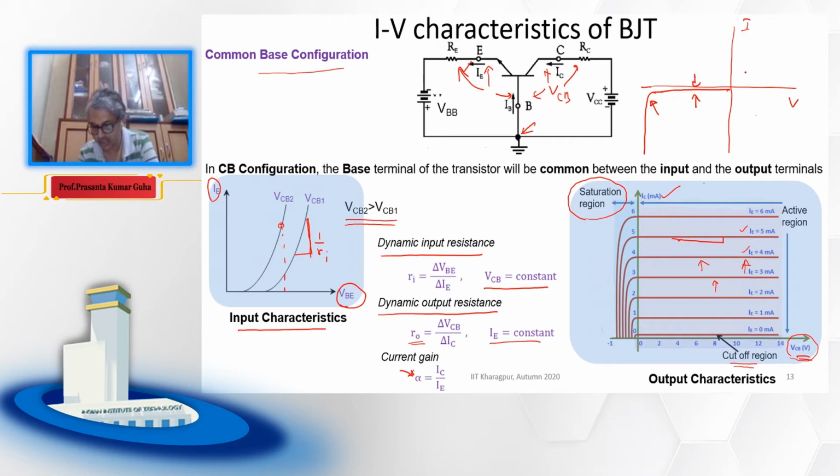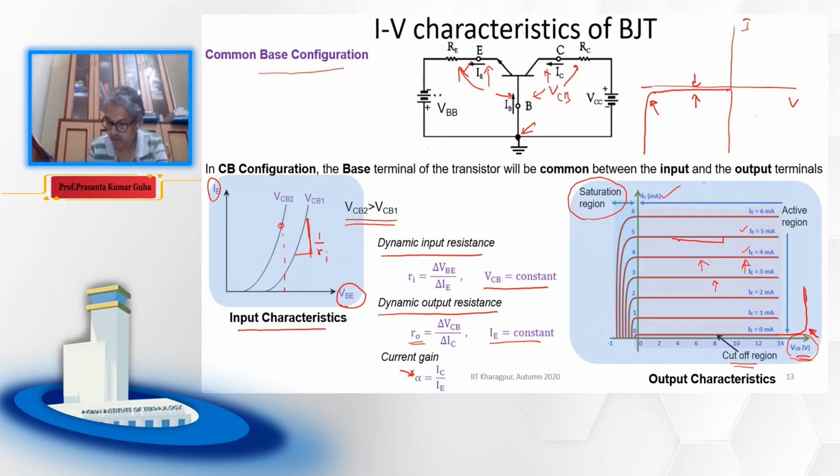The same thing can occur in a BJT, because this collector base junction is in reverse bias, and if we keep on increasing the collector base voltage, at some point breakdown will occur, that is, current will increase heavily all of a sudden. So this is basically your breakdown voltage.